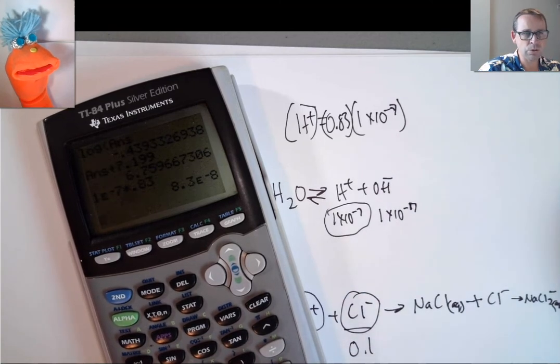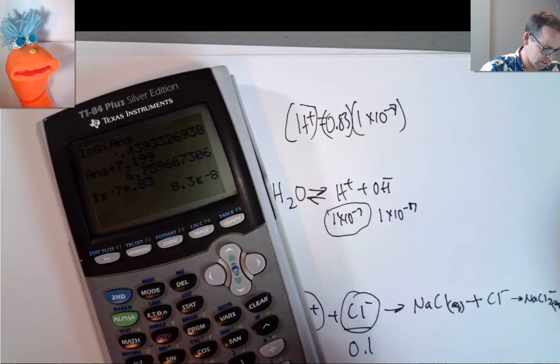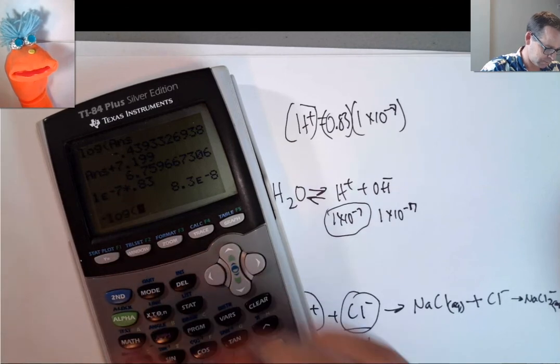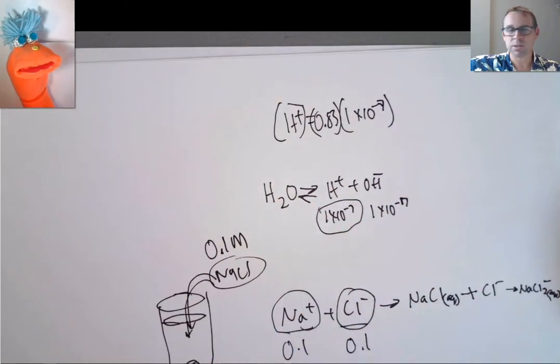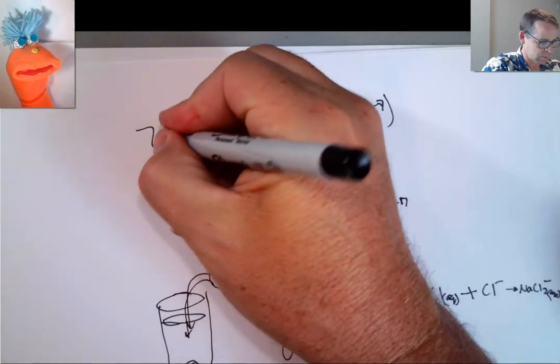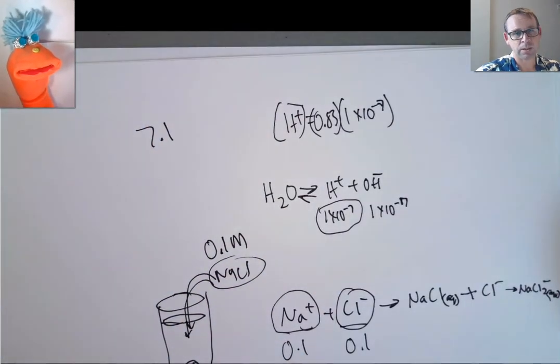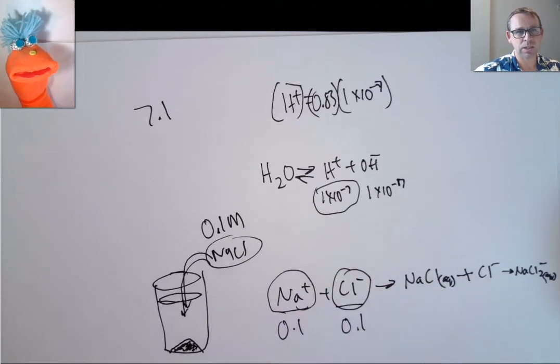That is our new hydrogen ion concentration, and if I take the negative log of that, then I get 7.08 or 7.1. All right. So it's not much of a change, but there is a change in the hydrogen ion concentration. Okay, good.